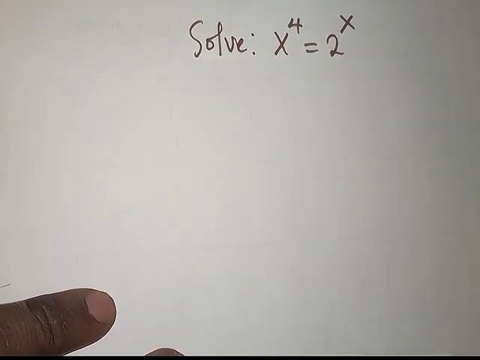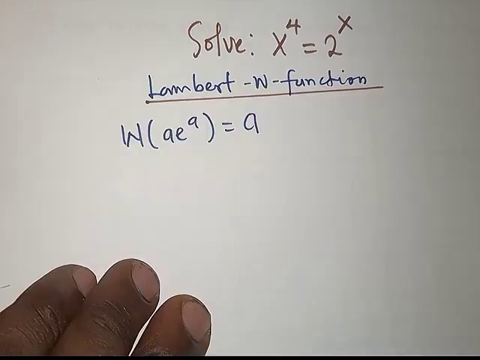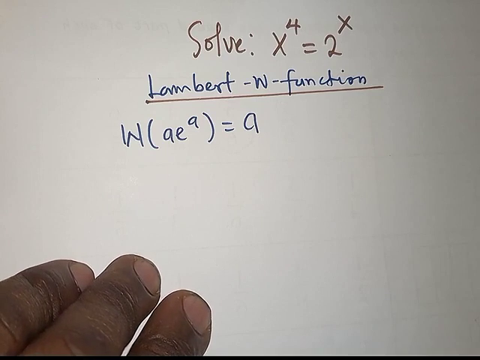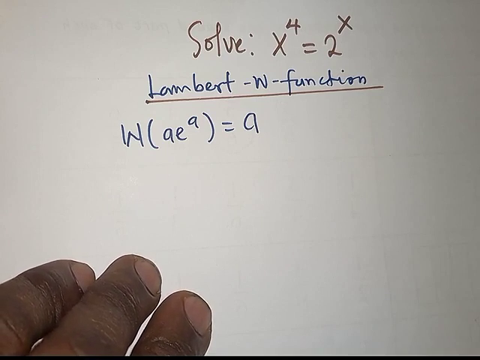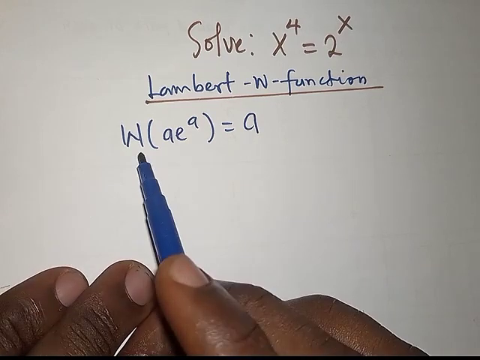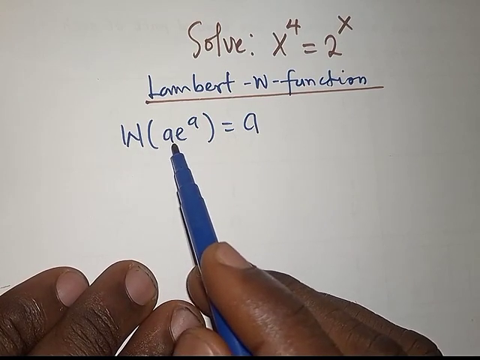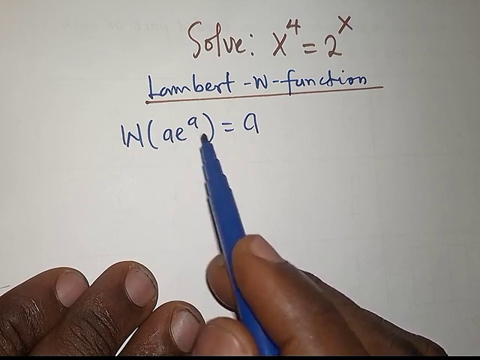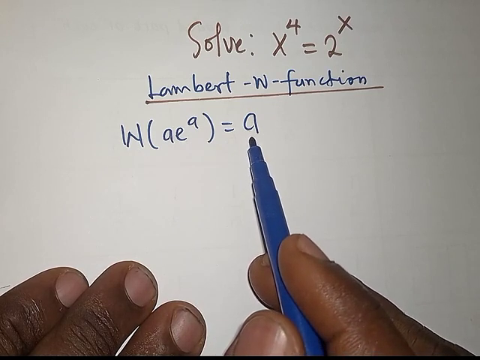So what we are going to be using is called the Lambert W function to get the value of x. So this is the form of the Lambert W function. Whenever you have the Lambert function of e to the power a, it definitely gives us a.